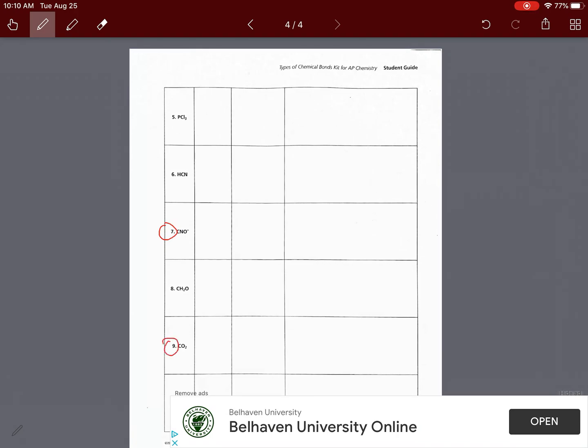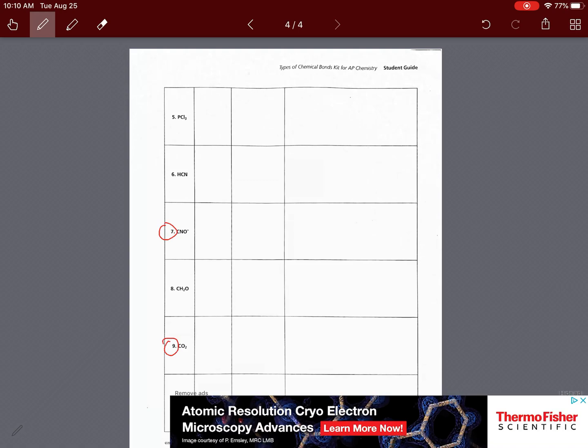But leave the space for them because I want to go back to them because we want to talk about calculating formal charge, but we're going to do that in our next lecture. So complete problems 1 through 6, and then do the structure for number 8 and do the structure for number 10.